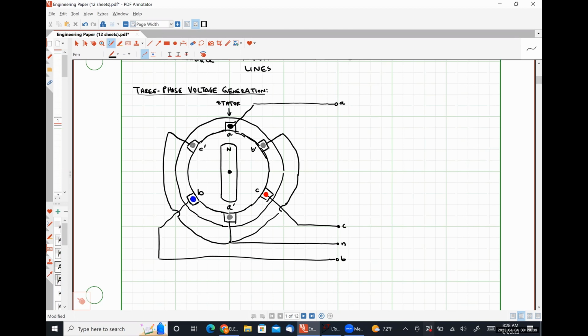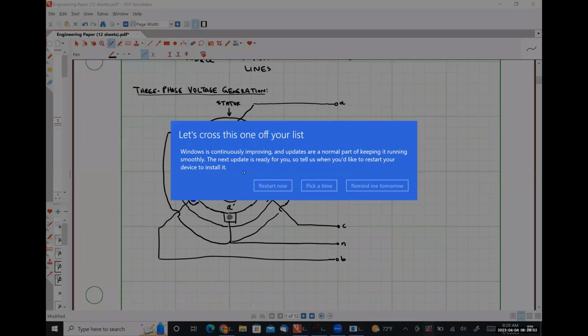We'll call this the north pole of our magnet, this the south pole of our magnet. And we are going to say that our magnet is going to spin in a counterclockwise direction, so that the north pole of the magnet hits A first, and then B, and then C, over and over and over again as it spins.